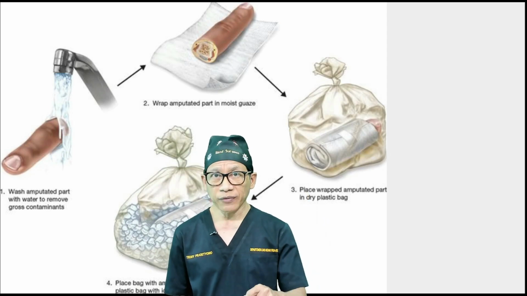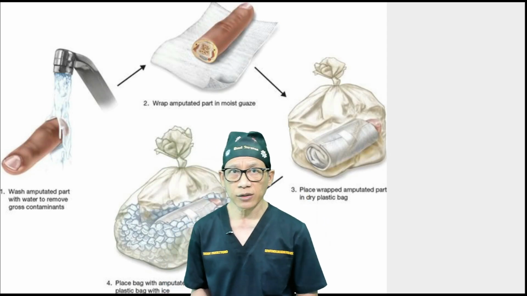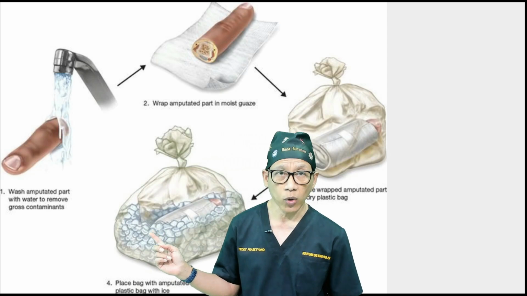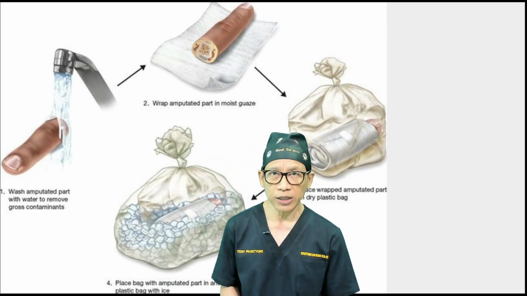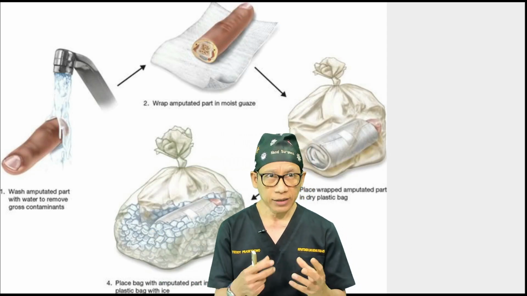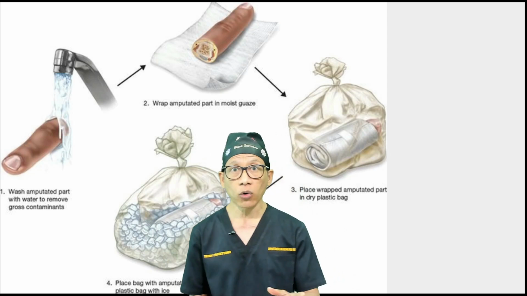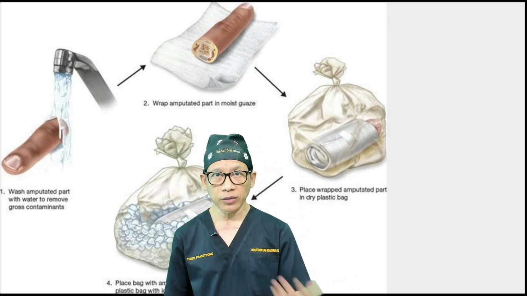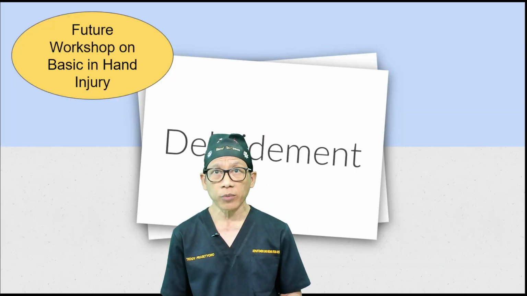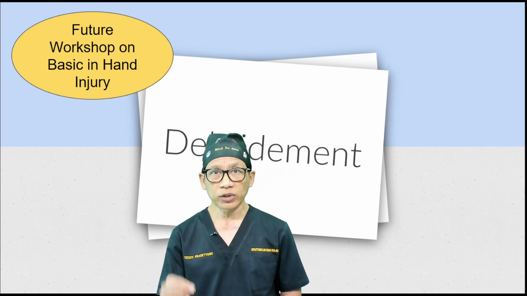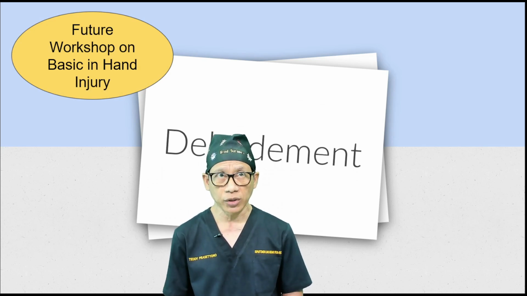Then put the first container into a second container, which contains water and ice cubes, just to make sure that when it travels, the amputated part travels in cold ischemic time rather than warm ischemic time. That would decrease the chance of success in the replantation surgery.